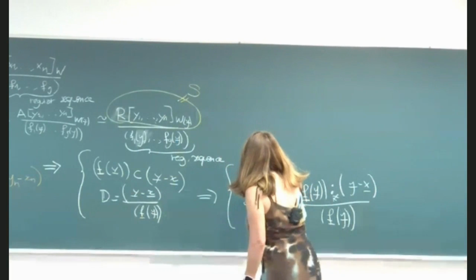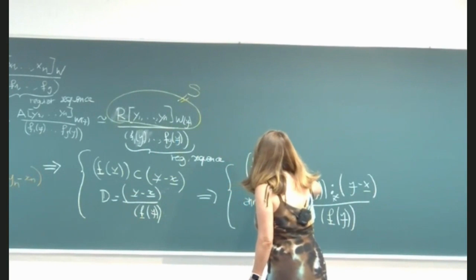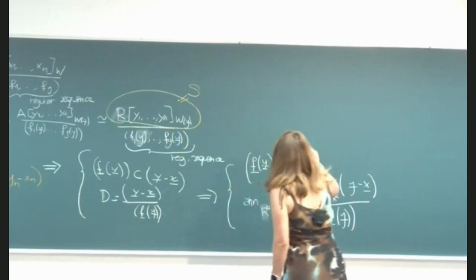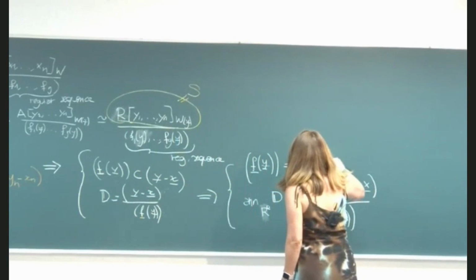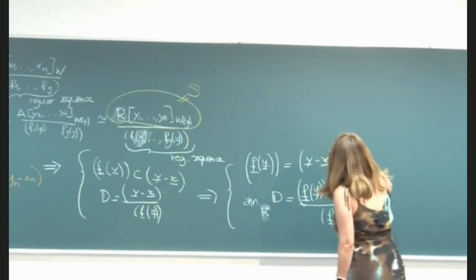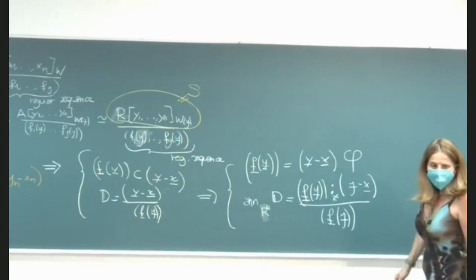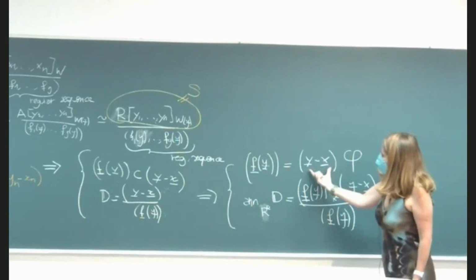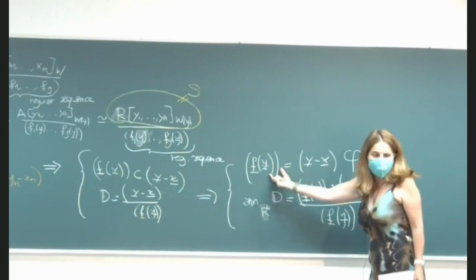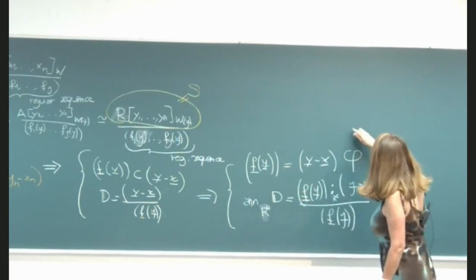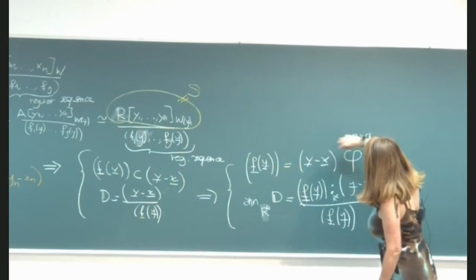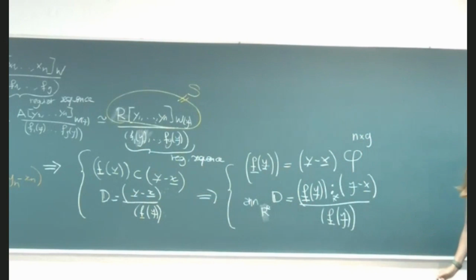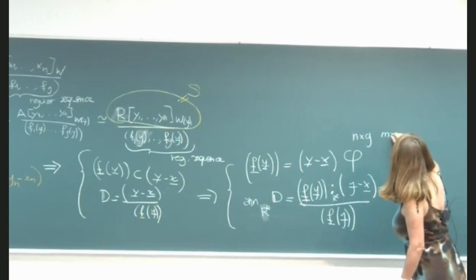Clear? Okay, not finished. The fact that this is contained here tells me that I can write this in terms of this. And I have a transition matrix. So I can write f of y as this y, think of it as a vector, times a matrix. I'm going to call it phi.